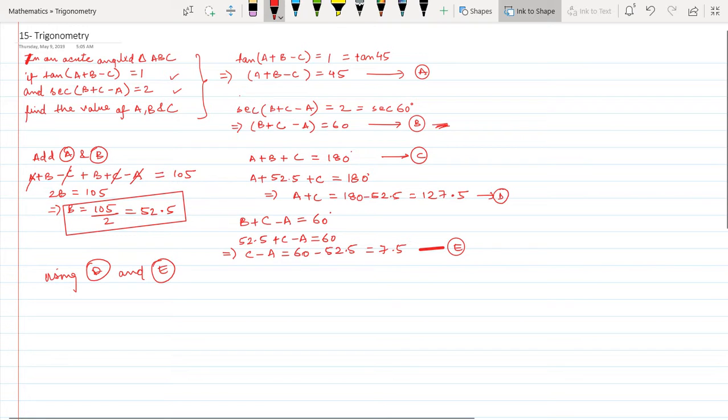Now using equations D and E, I have C plus A is equal to 127.5 and C minus A is equal to 7.5. Now what you have to do is add and subtract these two equations.